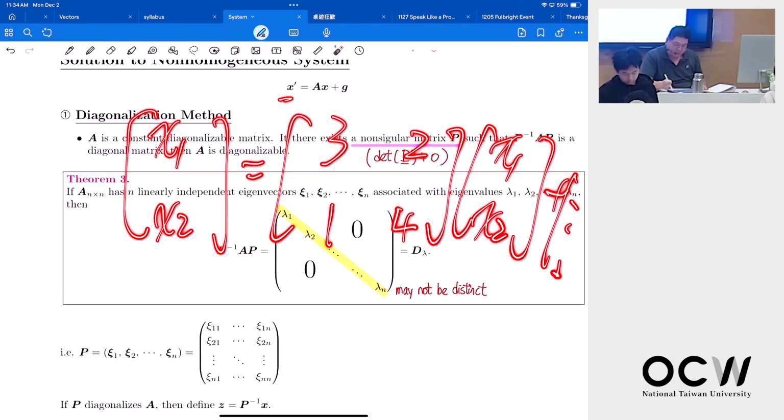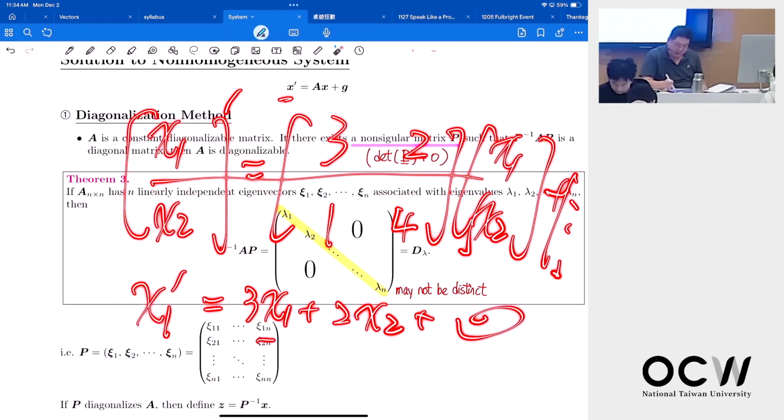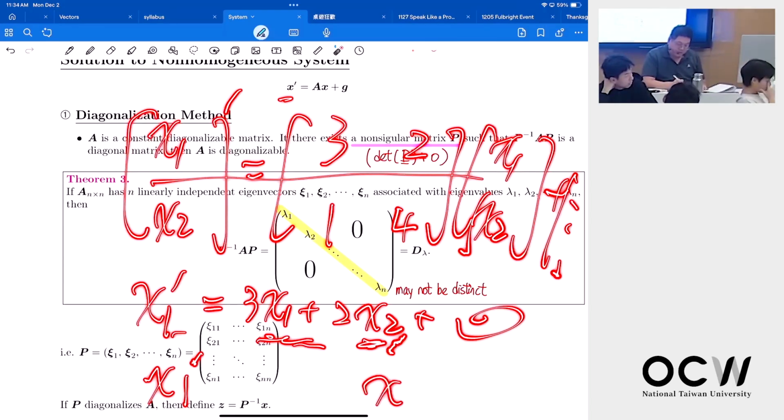In this way, x1 prime will be 3x1 plus 2x2 plus something. I have x1 and x2 together. But now, using the diagonalization method, I can decouple this system, which means that I can express the x1 differential equation and the x2 differential equation separately.